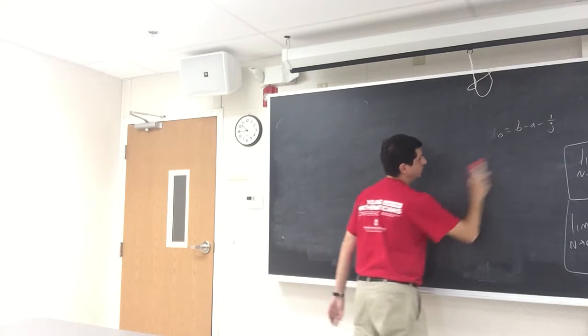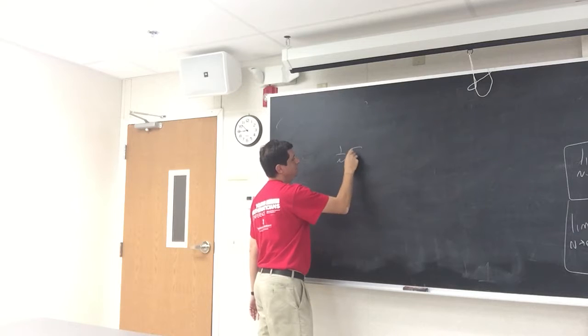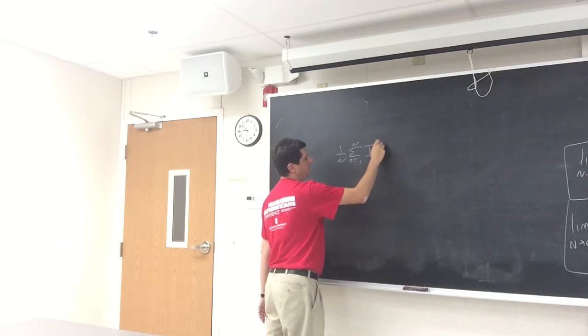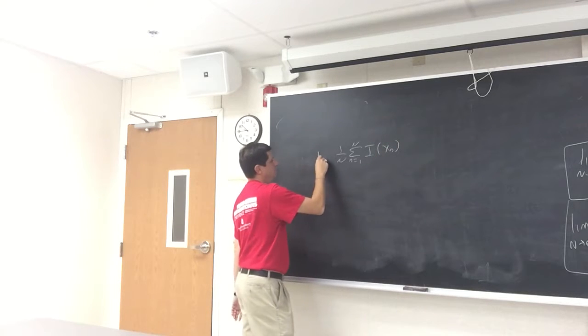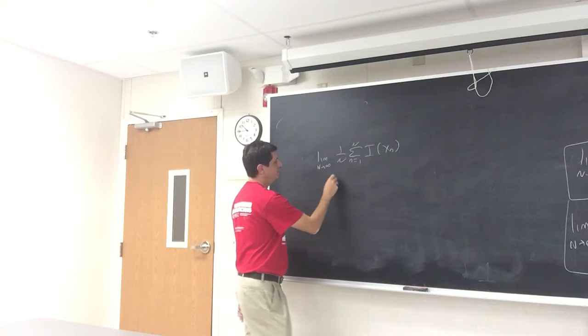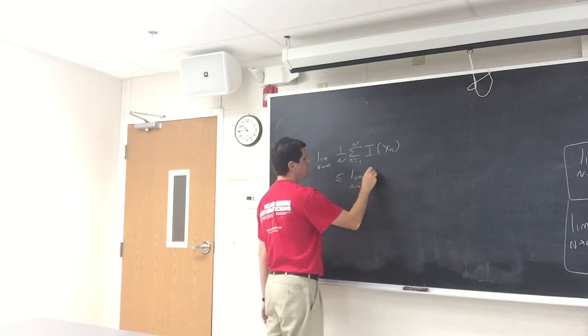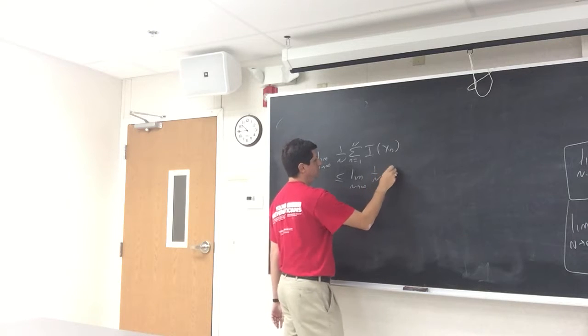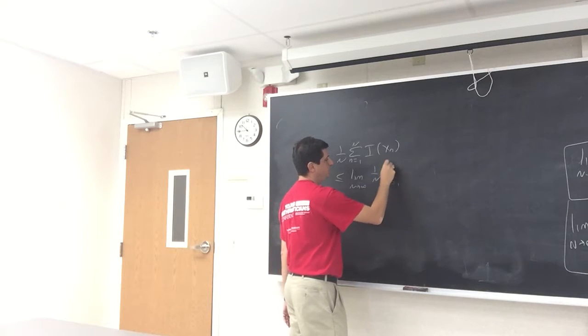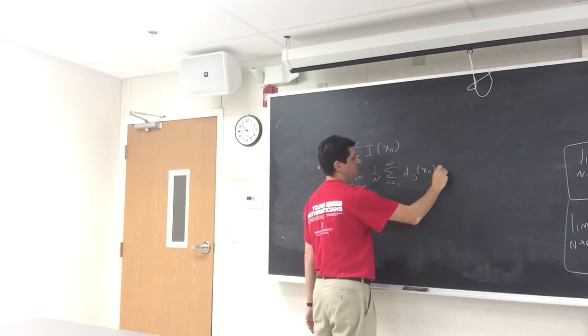So we're left with the following. The sum that we want, 1 over n, sum n goes from 1 to N of I(x_n), and take the limit as n goes to infinity. This is less than or equal to the limit as n goes to infinity of 1 over n, sum n goes from 1 to N of a1j(x_n).